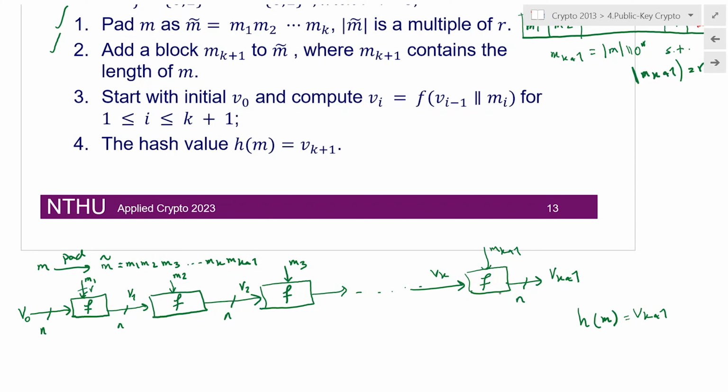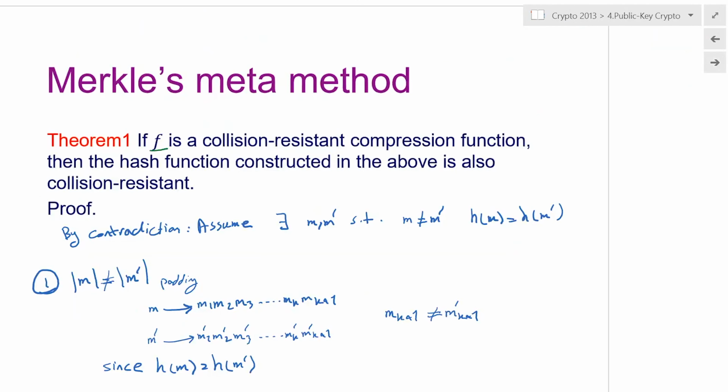But after we designed this, we are showing that when we find a collision in our hash function, it means that there is a collision in f. So that contradicts, because we assume f is collision resistant, but we are showing that we can find a collision for f. There is a contradiction there.